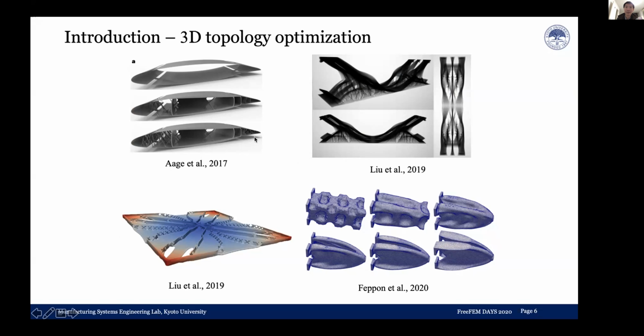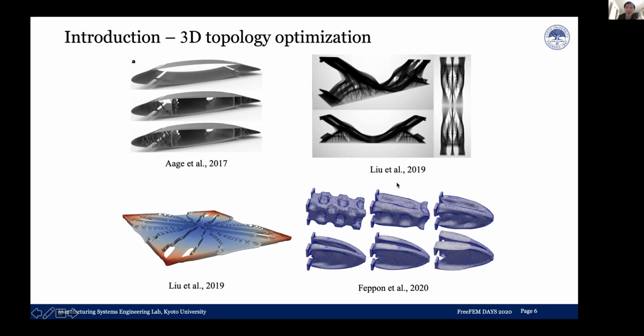They solved over a billion DOFs on a cluster with over 8,000 processes. And besides the density method, in recent years, the level set based method has been adopted to solve large scale computation, because the level set based method is famous for its strong ability to track a clear boundary. So we can transform what we see to what we get.